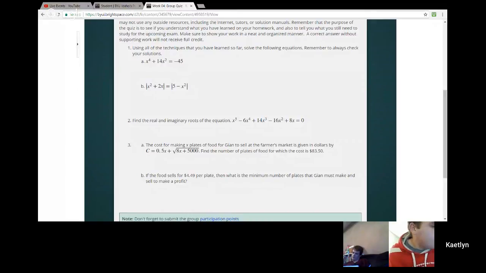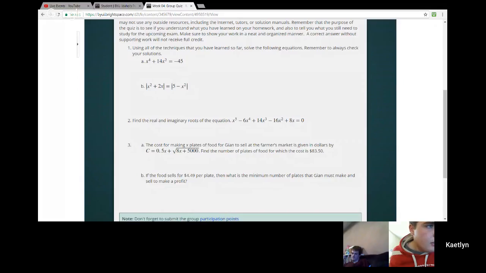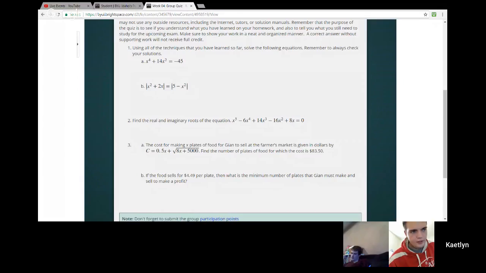Does it work for both of them? I put it back into the original equation, and the positive 5 halves didn't work. The number was too high on one side. And then I put the negative in, and it worked just fine. Okay, sweet.